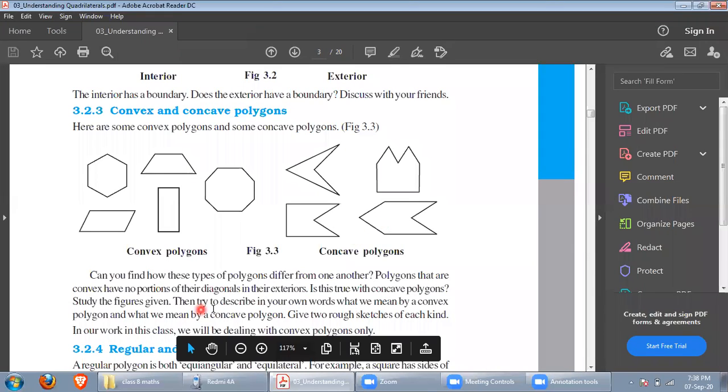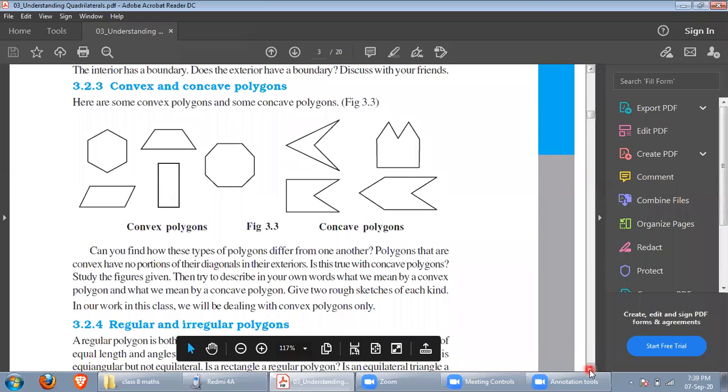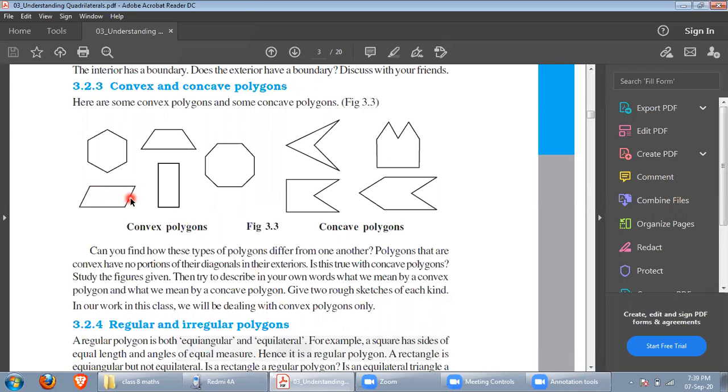Study the figures, then try to describe in your own words what we mean by a convex polygon and what we mean by a concave polygon. Give two rough sketches of each kind. In this class, we will be dealing with convex polygons only, because whatever we discussed a few days back about parallelogram, rectangle, square, rhombus, every type was convex, not concave.